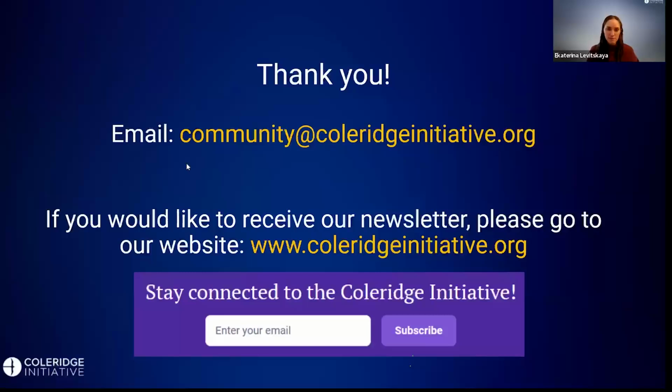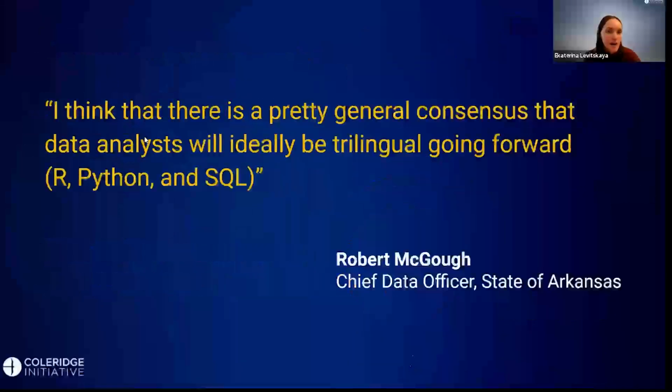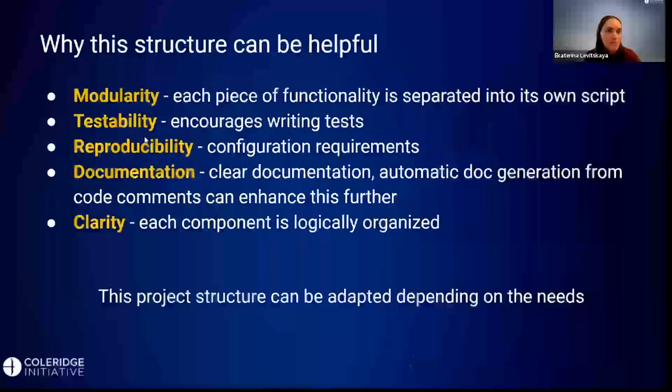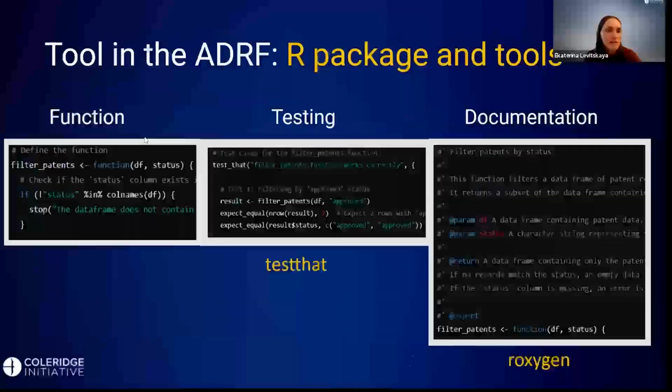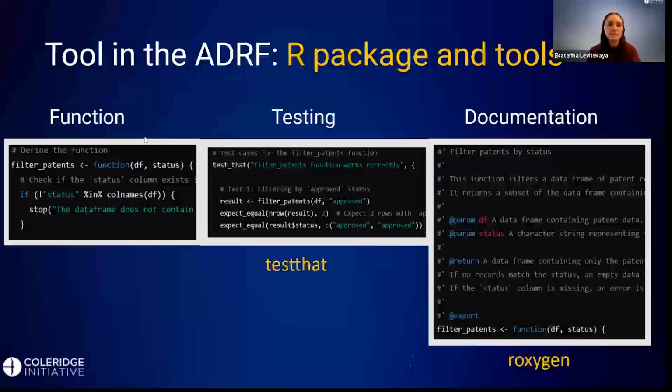Let me see if I can switch back. I can also show the visual example, the one that I showed before. We didn't stay too long here, but this is one example of how function testing and documentation can all be implemented within our package structure.